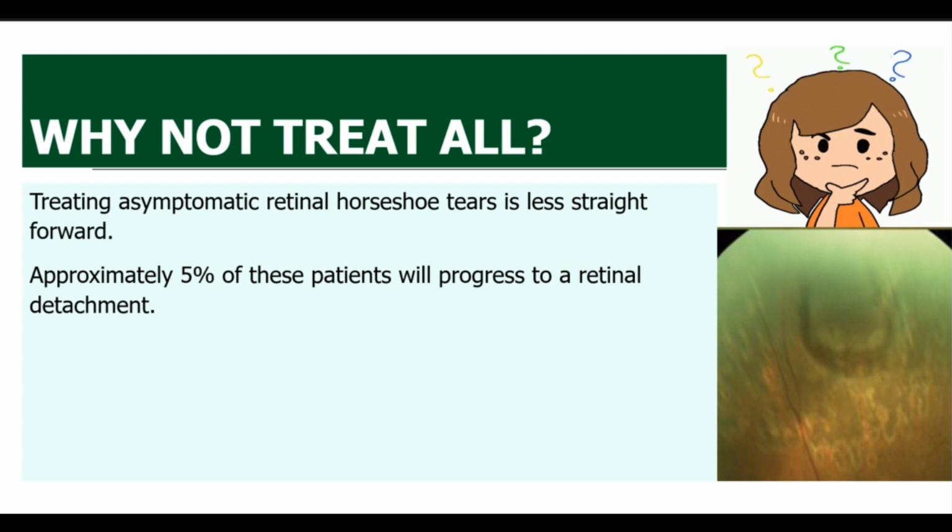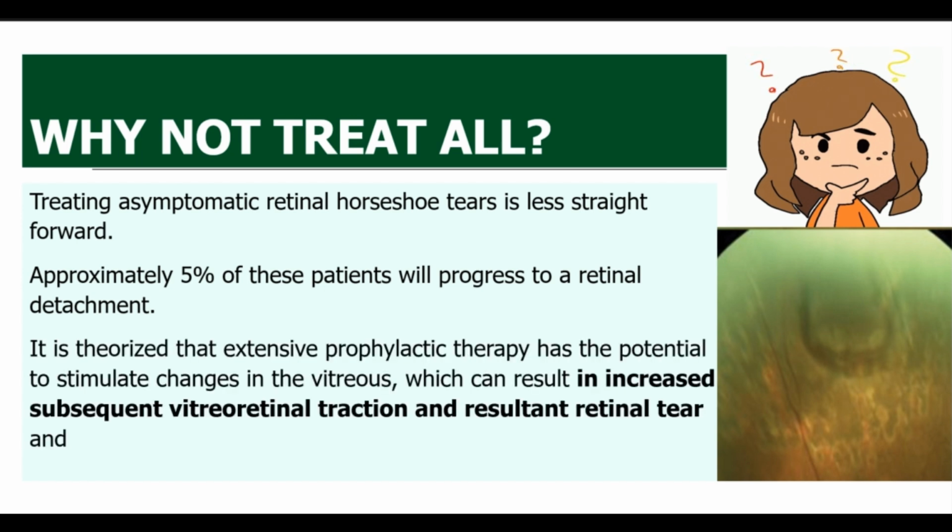The thing is that treating asymptomatic retinal horseshoe tears is actually less straightforward. Okay, about 5% of these patients will progress to retinal detachment. Now, it is theorized that even if you give extensive prophylactic therapy, even if you give extensive laser to these patients, the laser itself can stimulate some of the changes in the vitreous, and this can again lead to increased subsequent vitreoretinal traction, and that vitreoretinal traction can again lead to retinal tears, right?